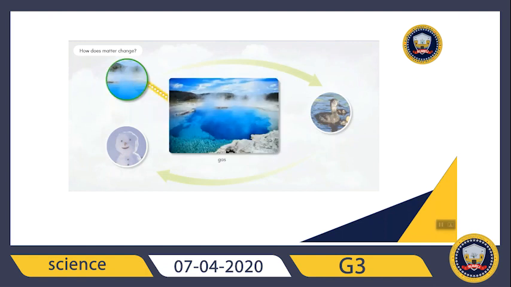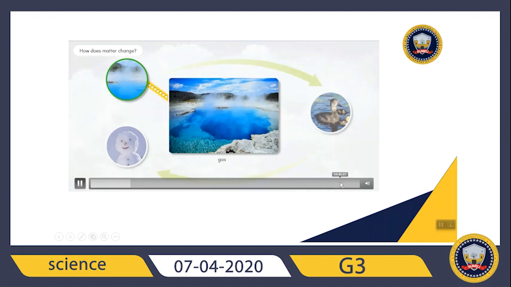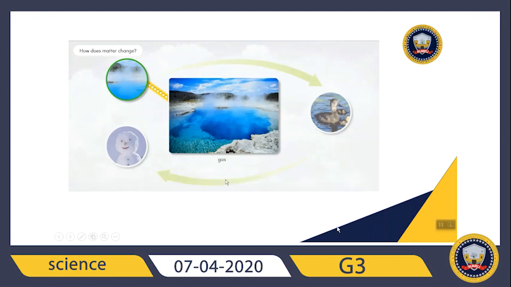Let's click on this. Well, as you see this lake, at 100 degrees Celsius, water boils, and you can see the vapor on the lake. Have you seen bubbly hot water boiling on the stove?